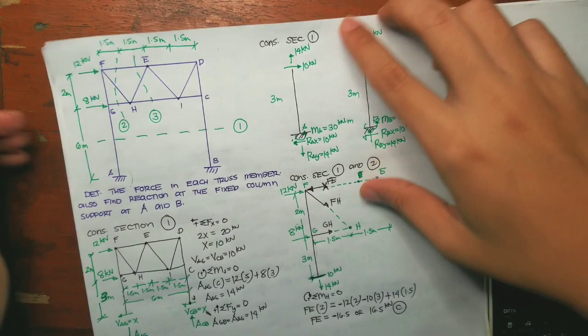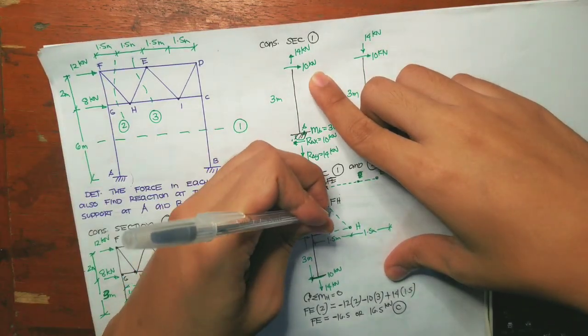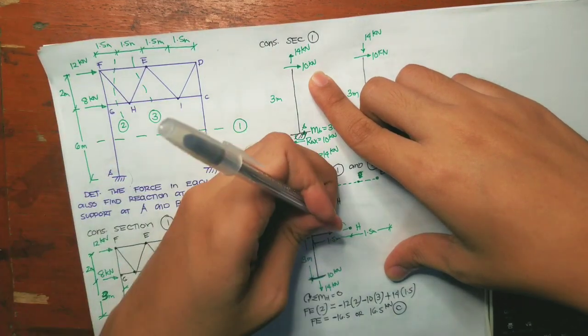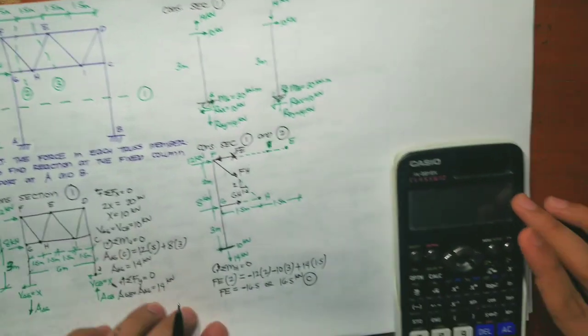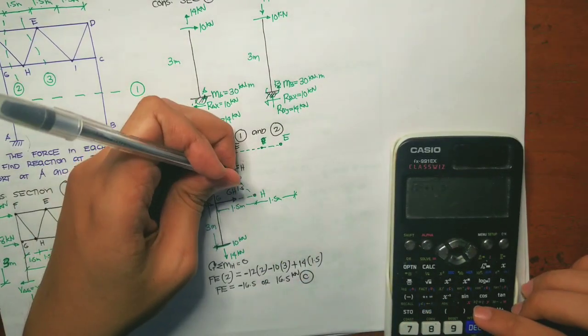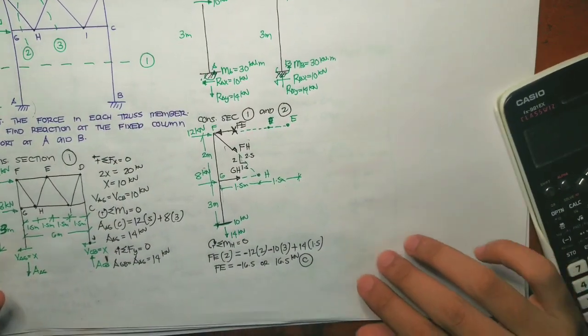So, hanapin muna natin yung slope. So, this is a slope of, vertical mo is 2, the X mo is 1.5, so yung slope mismo is square root of 2 squared plus 1.5 squared, or that is equals to 2.5. Okay, so meron na tayong slope.